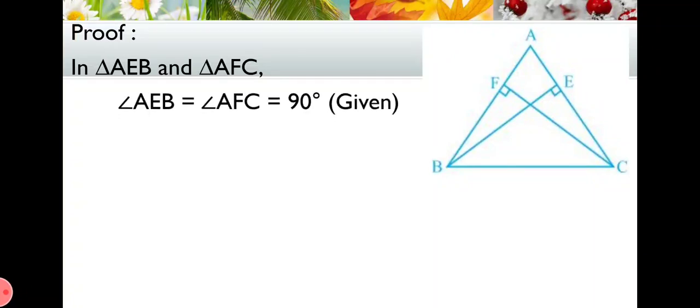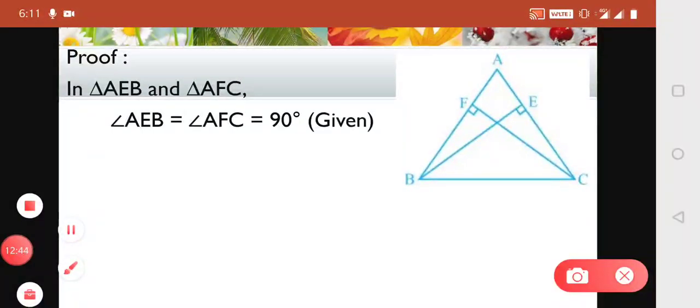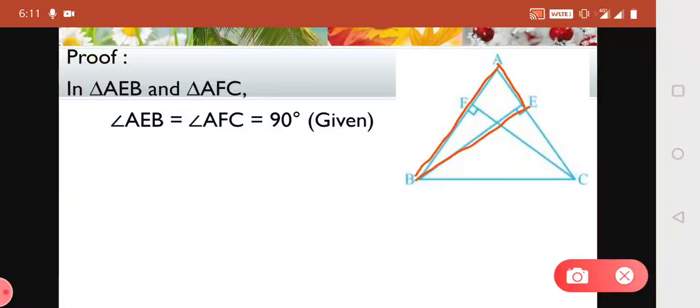Now for proof, we select two triangles. In triangle AEB and triangle AFC, angle AEB equal to AFC equal to 90 degree. These two triangles we have selected, AEB, and another triangle we have selected is AFC.